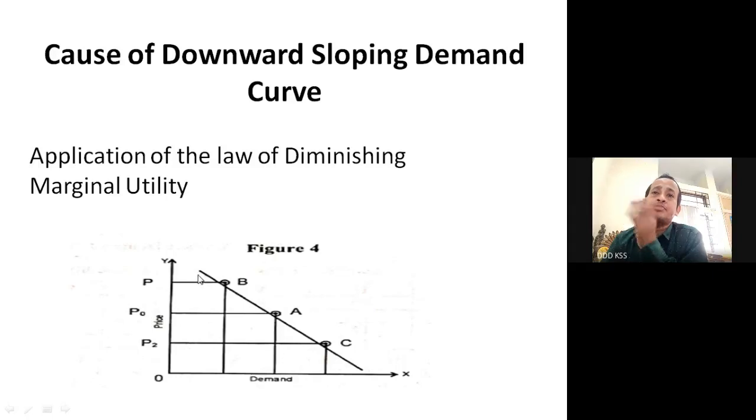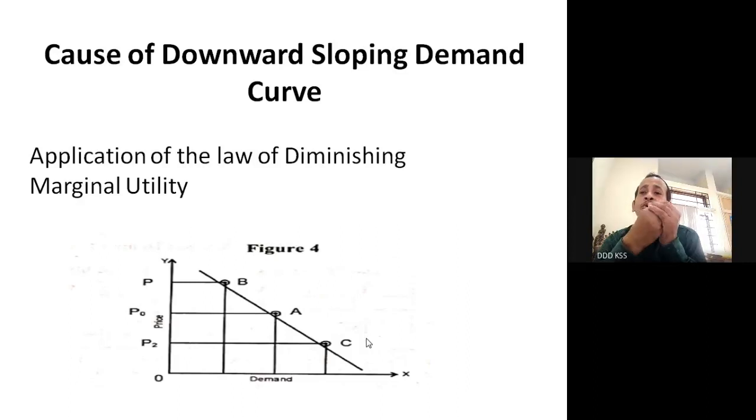In the previous session also you have seen the demand curve. So why it is sloping downward, that we will discuss. A question may also come: what are the reasons for the downward sloping demand curve, or discuss the causes of the downward sloping demand curve.